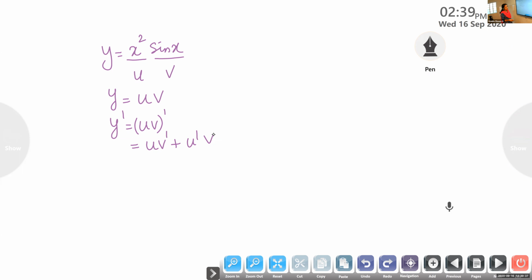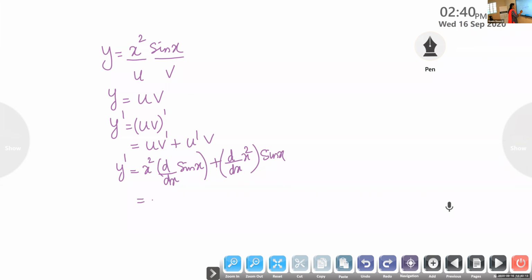Now, substitute here. y' is equal to, what is u? x square into the derivative of sin x. What is the derivative of sin x? cos x. Plus u', the derivative of x square, into the second function, which we keep as such.